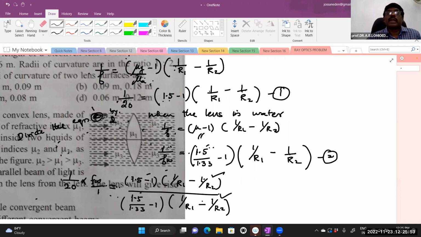These two things get cancelled. Again, the left hand side, fW divided by 20, equals 1.5 minus 1, which is 0.5. In the denominator, if you take the LCM 1.33, 1.5 minus 1.33.